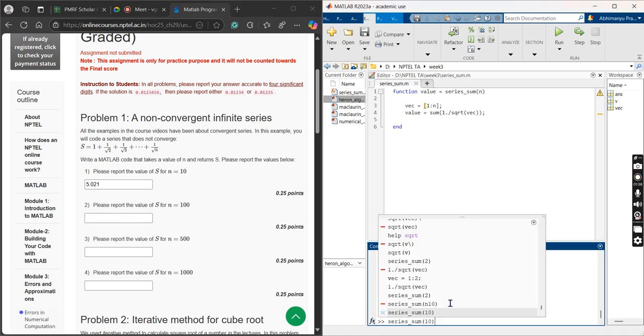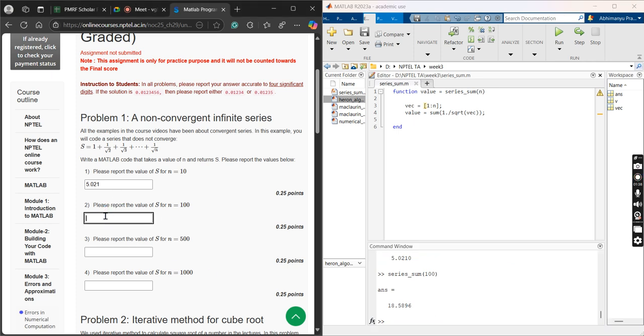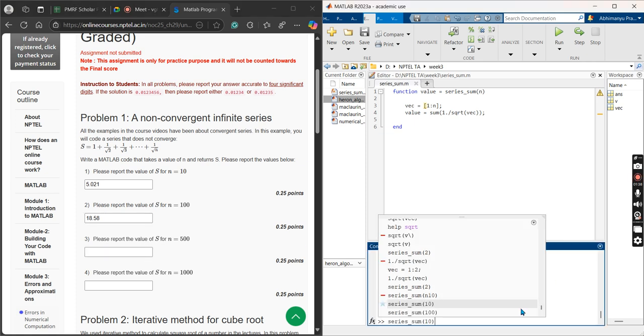Now for 100, the same thing for 100. 500.